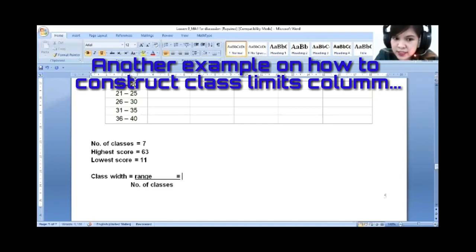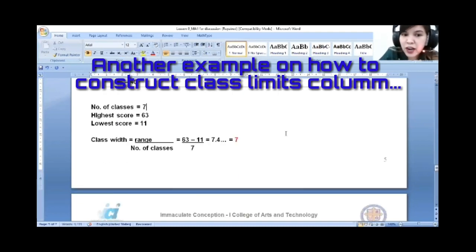So, the range is 63 minus 11. Correct. Then divided by, what is our divisor? Our divisor is 7, the number of classes. When we compute it, it equals 7.4 something, right? When you round it, 7. So, that is what we will use.